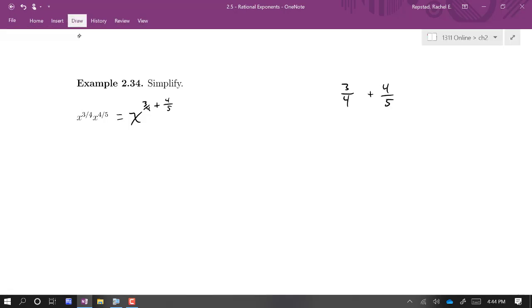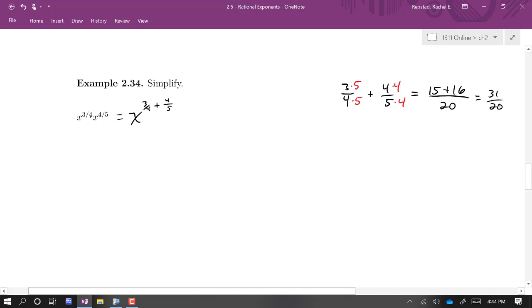We're going to get a common denominator, which will end up being 20. And then we have 15 plus 16, so that's 31 over 20. So here we get x raised to the 31 over 20 power.